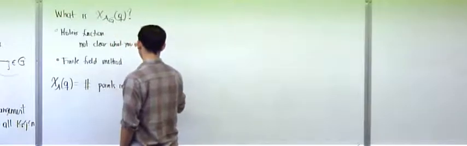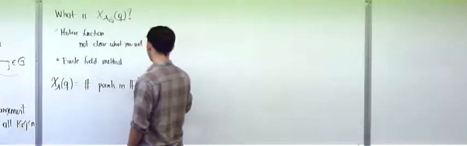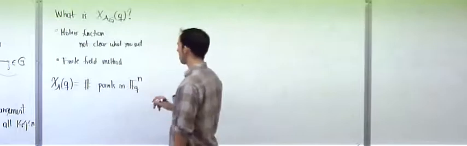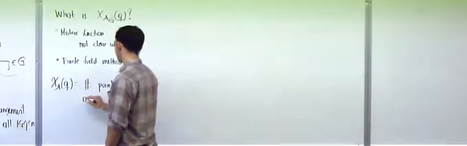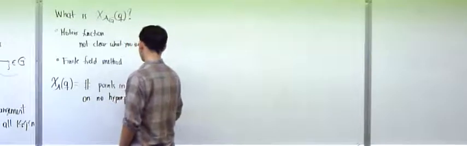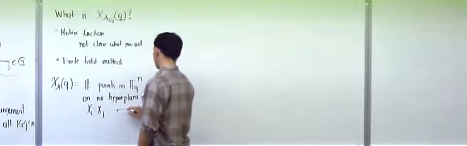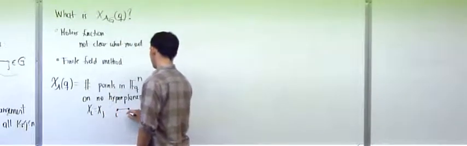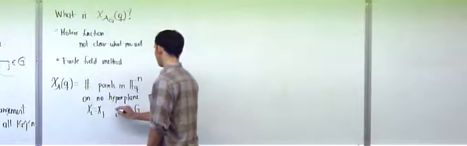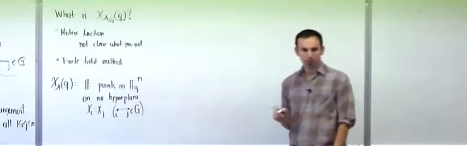And then we need to count the number of points in F_q^n, in this case, we live in n dimensions, on no hyperplane of the form x_i equals x_j, where i and j are connected in the graph. Okay?